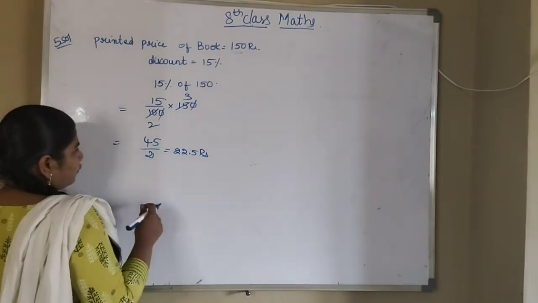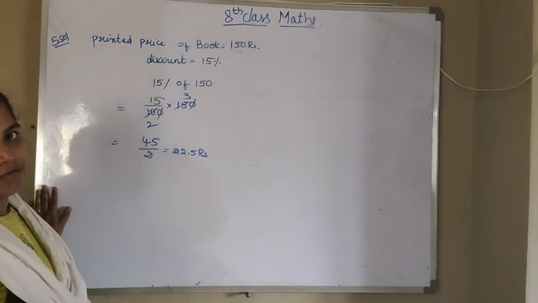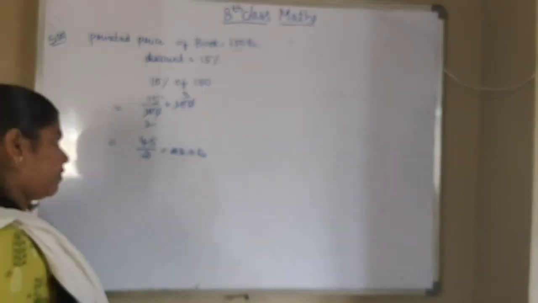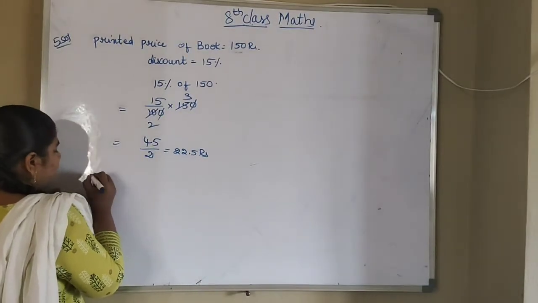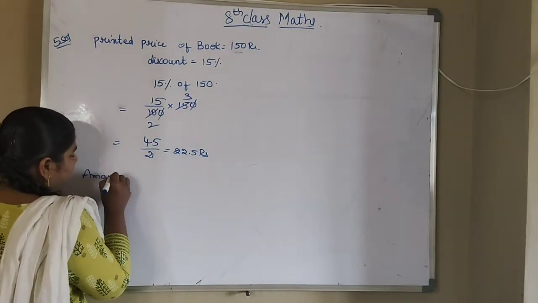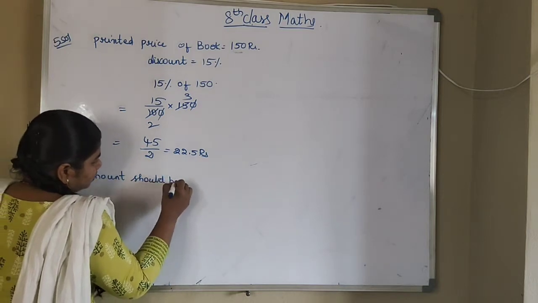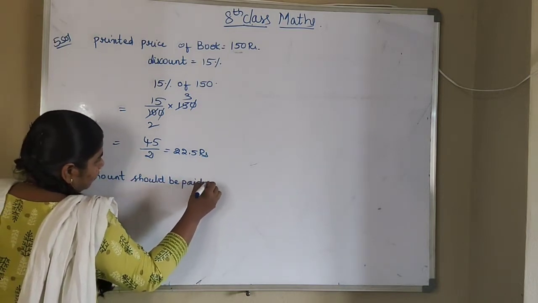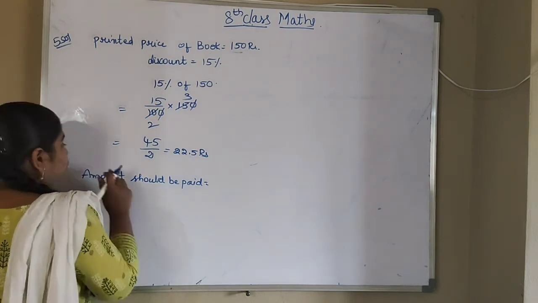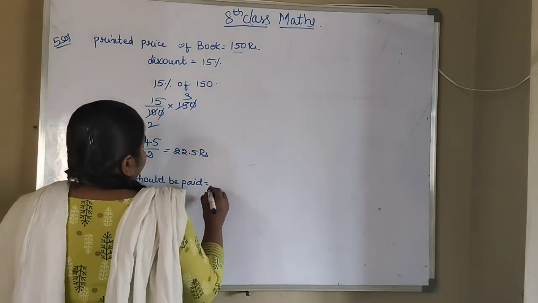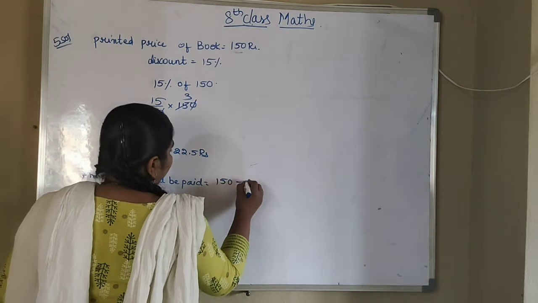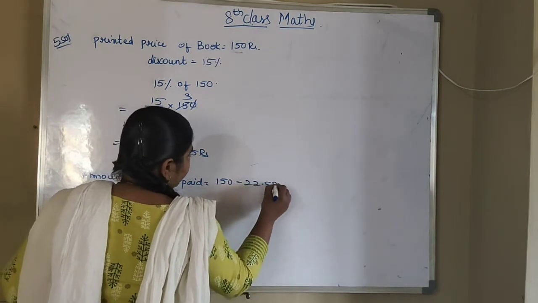So what do we have to find? How much amount we have to pay. So the amount to be paid is how much here? From 150 we have to subtract 22.5 rupees.